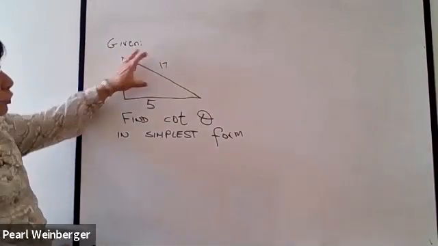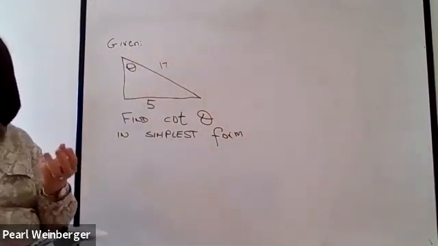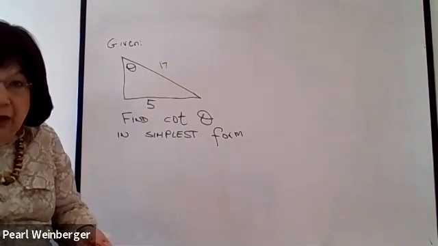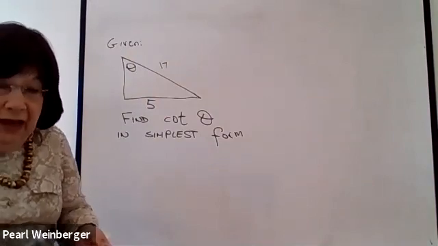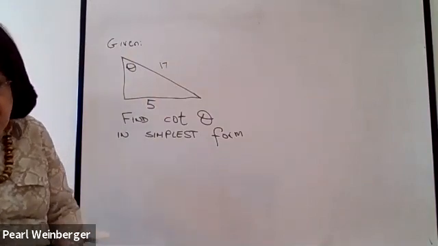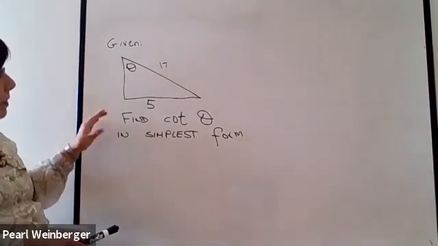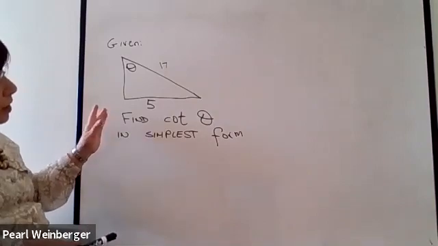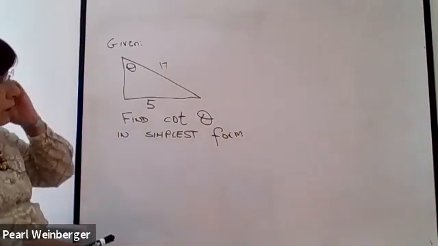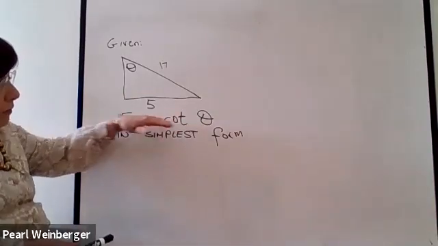They'll probably give you two of the sides. They don't have to give you all three sides because in a right triangle, there's a way of figuring out the third side, called the Pythagorean theorem. And then they'll ask you to find one of the six trigonometric values or ratios, because they're all fractions.